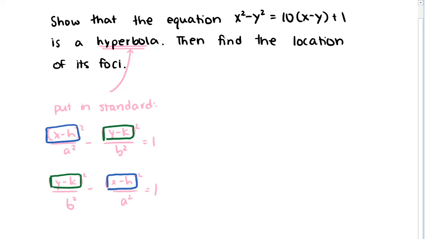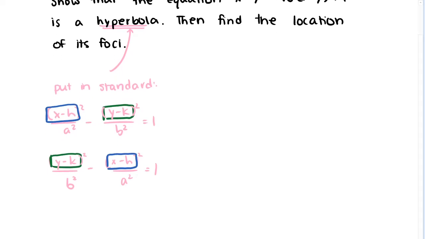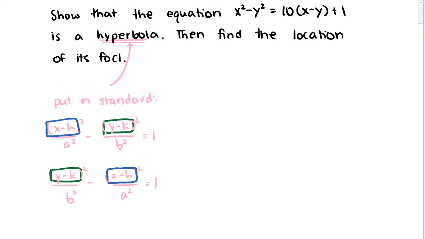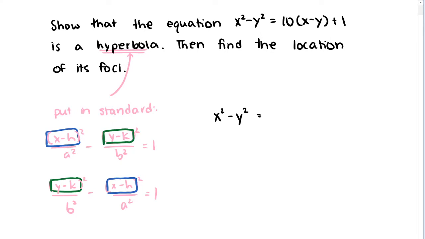And so if we want to put our original equation in this form, what we really need to do is try and fit all of the x's under one square and all of the y's under another square. In other words, we need to complete the square. And so here, let's start with our equation. We've got x squared minus y squared is equal to, here I could distribute the 10 to get 10x minus 10y plus 1.